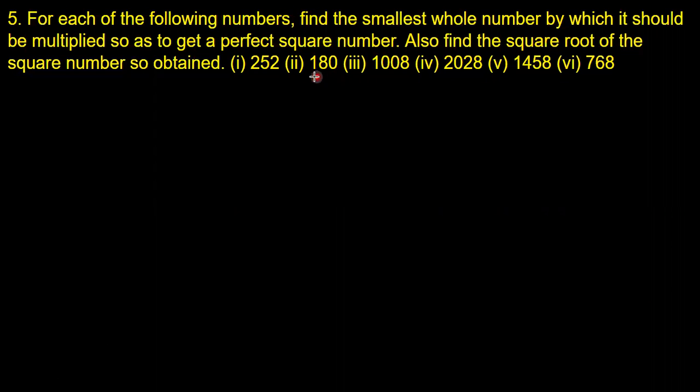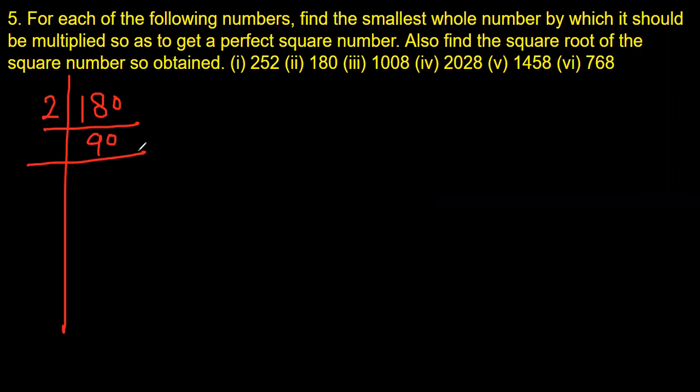For the second part, 180 is the number. So let's factorize 180. Prime factorization of 180: divisible by 2, this is 90. Again divide by 2, you get 45. Now it's not divisible by 2, so try dividing by 3, so you get 15.